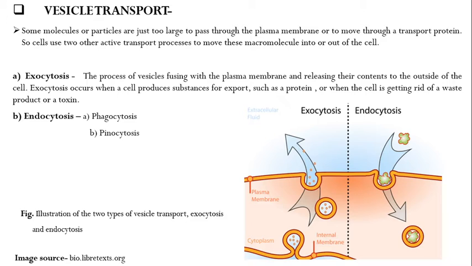The process of vesicles fusing with the plasma membrane and releasing their contents to the outside of the cell is exocytosis. Exocytosis occurs when a cell produces substances for export, such as a protein, or when the cell is getting rid of waste products or toxins.